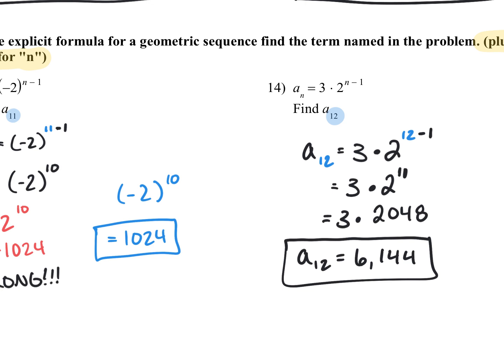Why is the 12 where? Why is it on the bottom right? Why is it up top? Because in our equation given here for geometric, the n minus 1 is in the exponent. So to figure out geometric equations, because they grow so quickly, it's a form of an exponential equation.